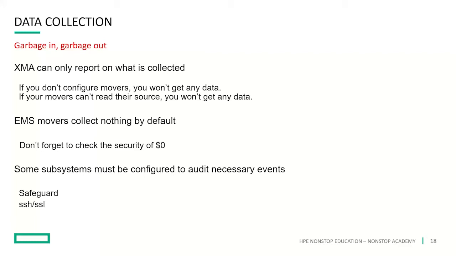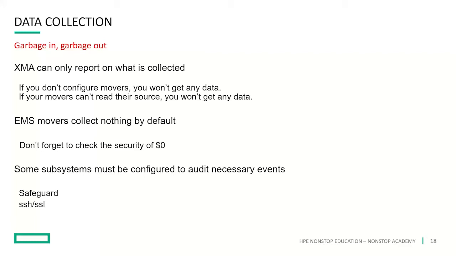EMS is exactly the opposite. The event management system is typically not used for security data, so most of what goes in there is probably not security related. So what you have to do is go into Merged Audit and create a filter that says, I want the following events. Whereas for other products, you have to say, I don't want the following events. So we have to fix that.